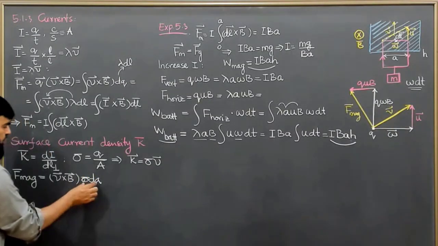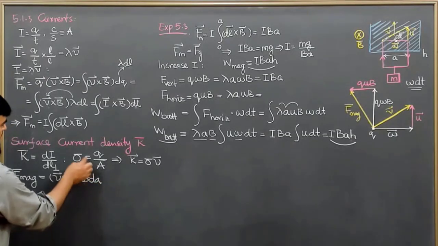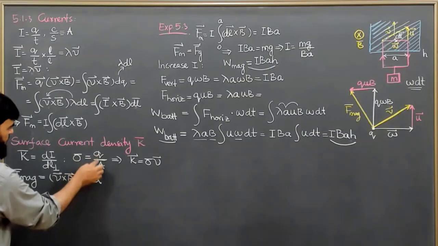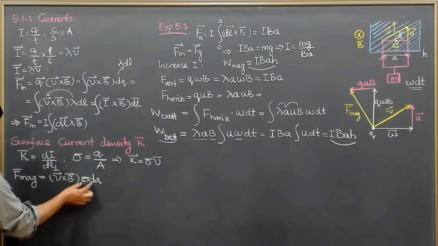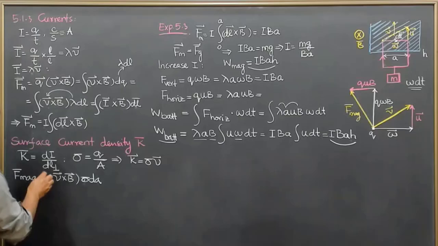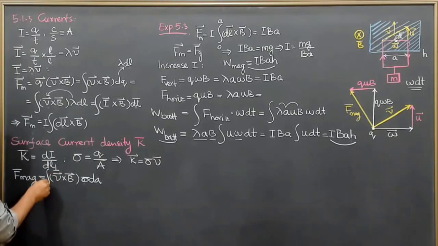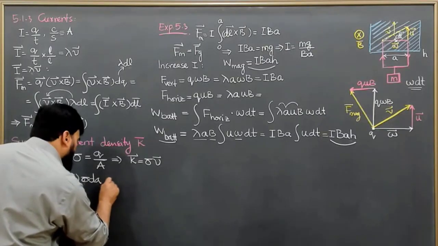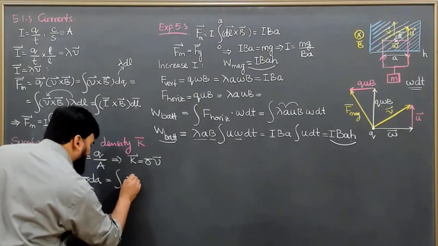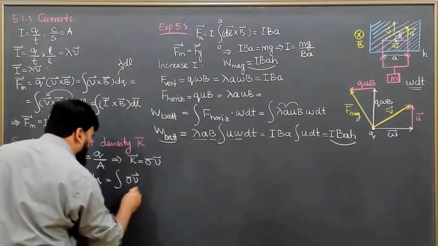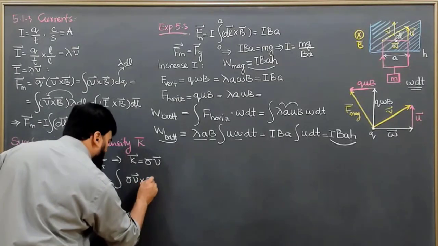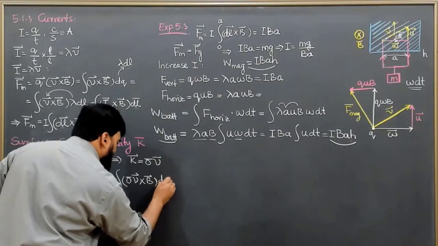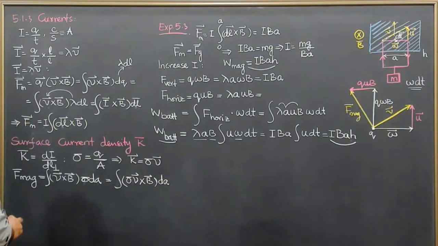So for dq I am writing sigma dA, because sigma is dq over dA, so sigma dA becomes dq, and then sigma v will come here, and then cross B, and we will have dA here.